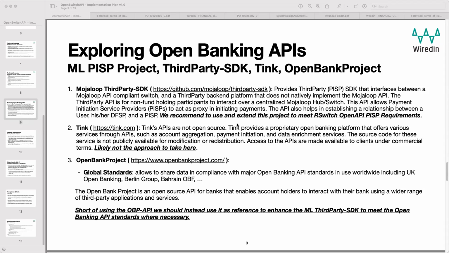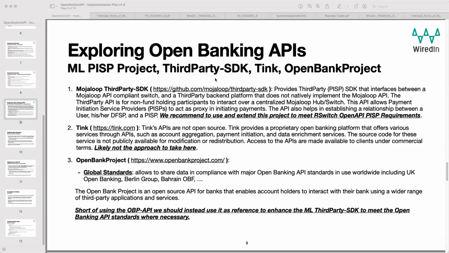And as you can see on this first slide, there is some work that has been done on the Mojaloop switch itself, be it on the work stream that is being led by Paul Baker on the Mojaloop PISP project.